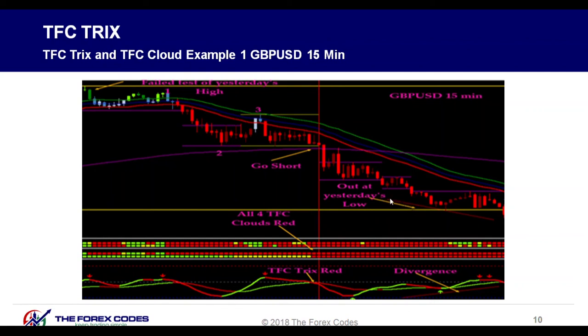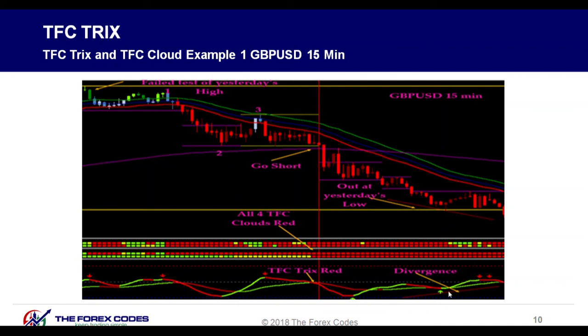But watch, we talk about divergence. Price is falling, although the rate of fall is lower now. But price is falling, but the Trix is rising and green. Divergence again. Look at it again.